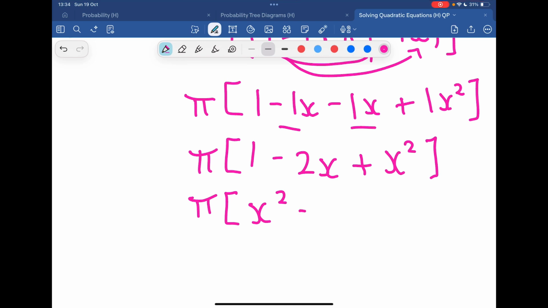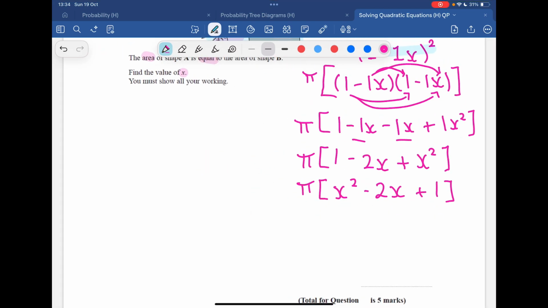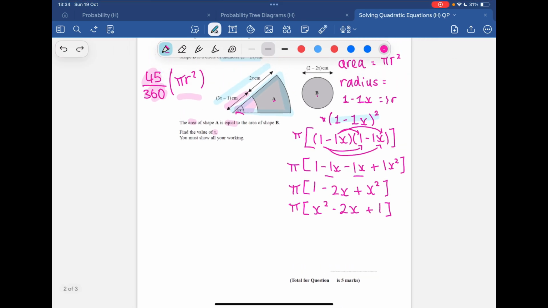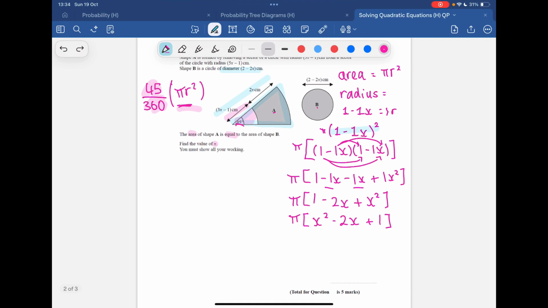You don't have to do this, but I feel it's easy to see what we're working with. And we have this plus 1. Okay, so this is a quadratic. We've seen these before. We know what to do with these. All this pi on the outside means is that we're going to multiply each term by pi. But as I say, we can kind of ignore it. I suspect this will eventually cancel out as we will be working with a pi here. So let's just leave that there for now.